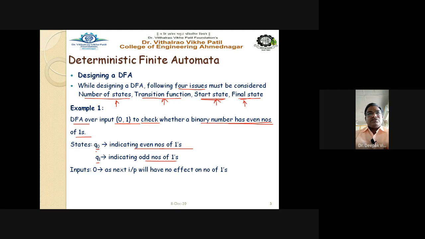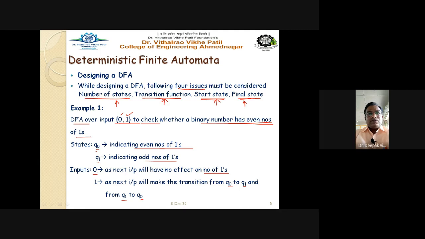And inputs, how many inputs are there? There is input 0, as the next input will have no effect on the number of ones, because we have only 2 input symbols, 0 and 1. Input 1, as the next input, will make the transition from Q0 to Q1 and from Q1 to Q0.